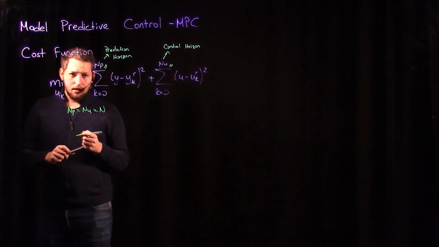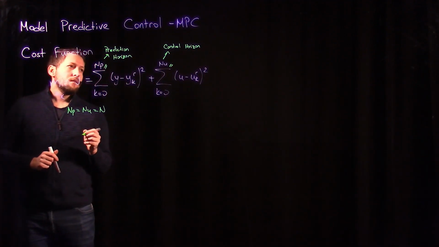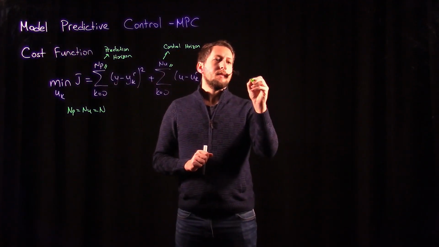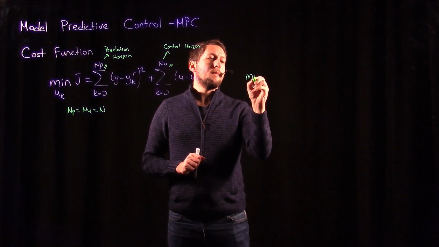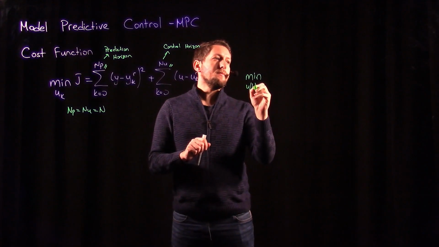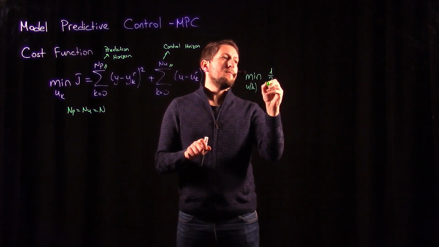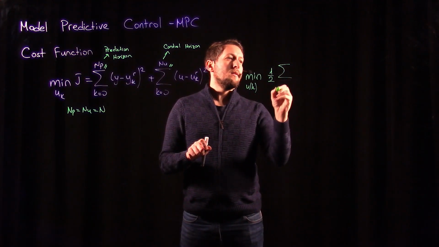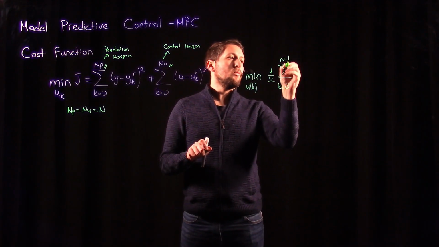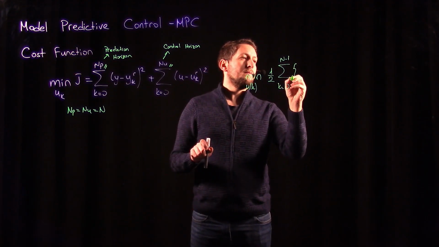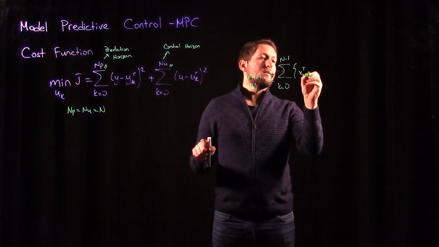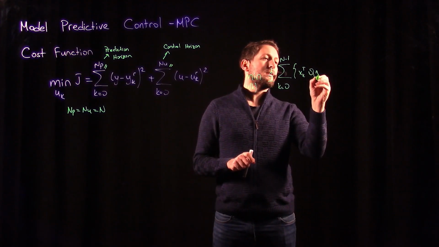This can be written as something like that. Minimize based on u_k, from k equals 0 to n minus 1, and this time let's use the states of our system.